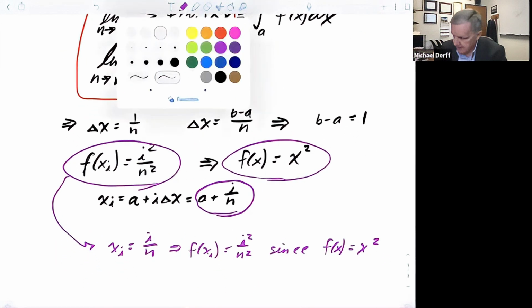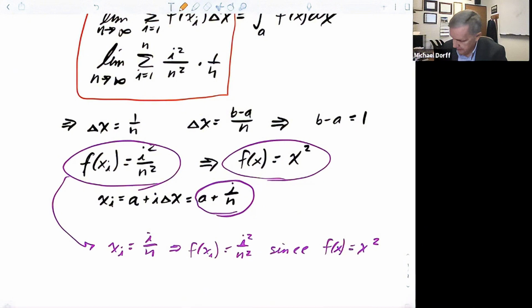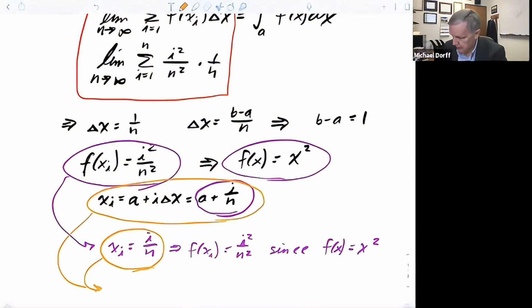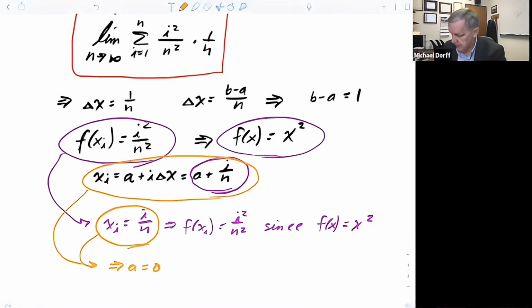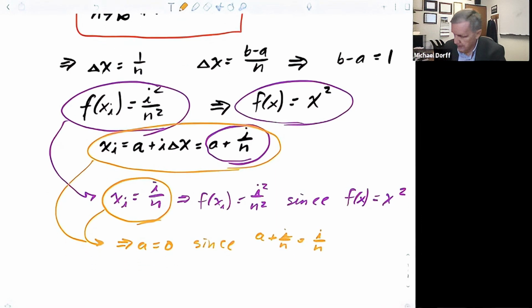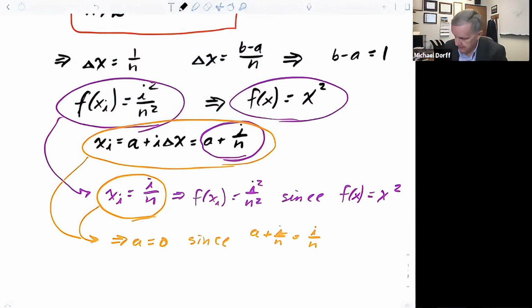Since x sub i equals a plus i over n and also equals i over n, that suggests that a has to equal 0. So since a equals 0 and b minus a equals 1, that gives me b equals 1.